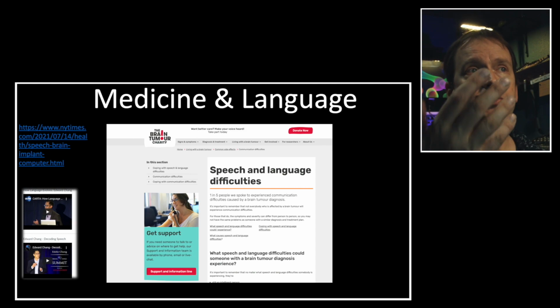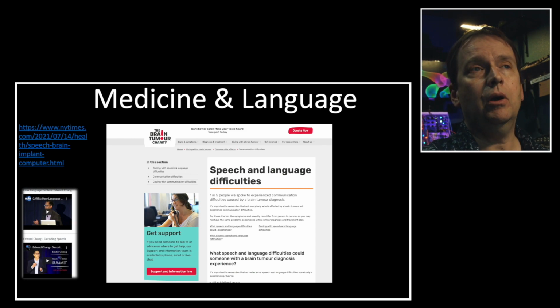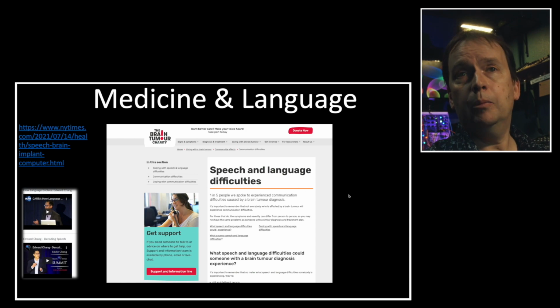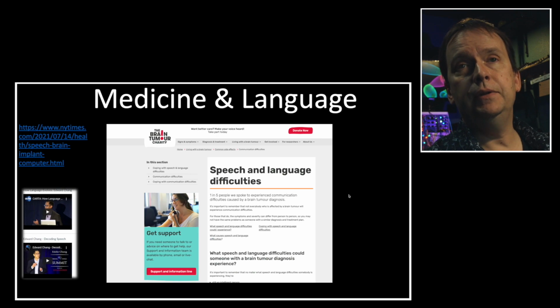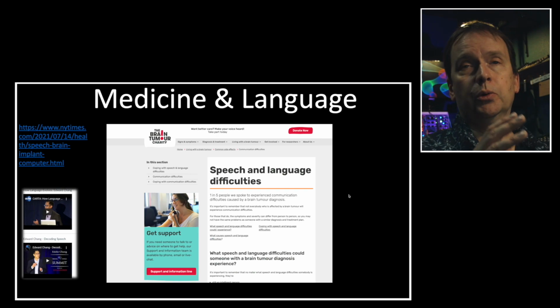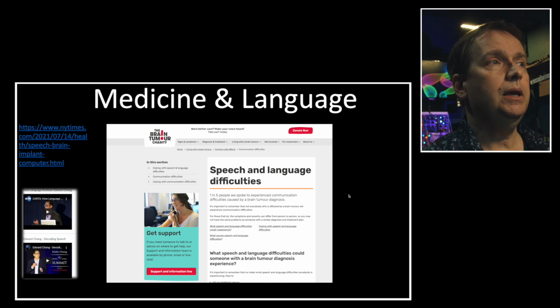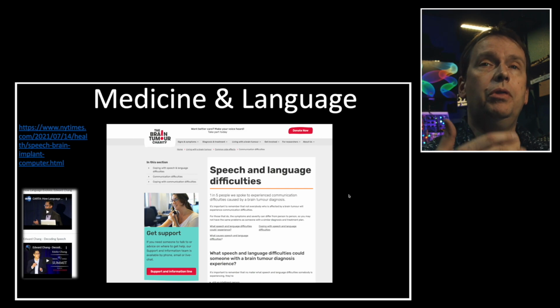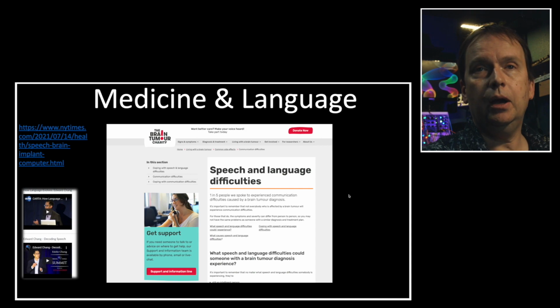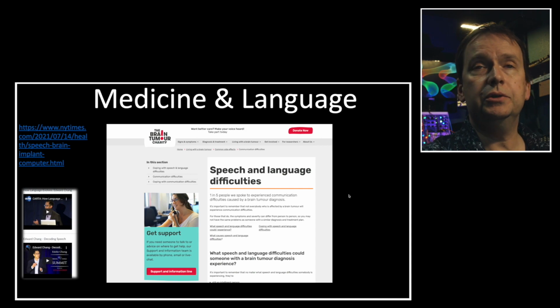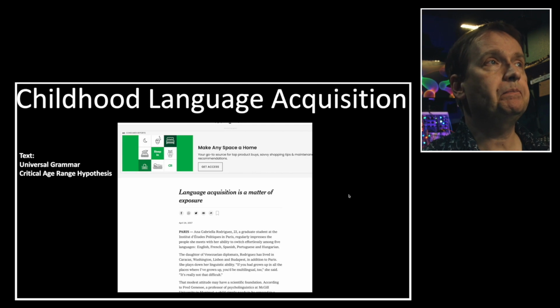So speech and language difficulties, you could see there are a lot of connections: 1 in 5 people with a brain tumor diagnosis have a lot of difficulties with communication. So the research effort that he's making, in addition to his work as a neurosurgeon, is really fundamental to thinking about how patients can recover and better deal with their lives and their linguistic challenges following a craniotomy.